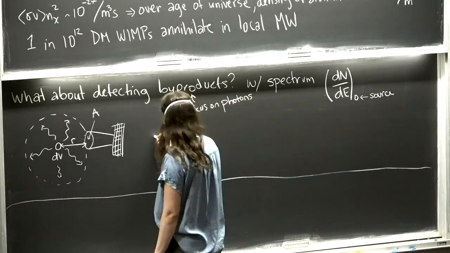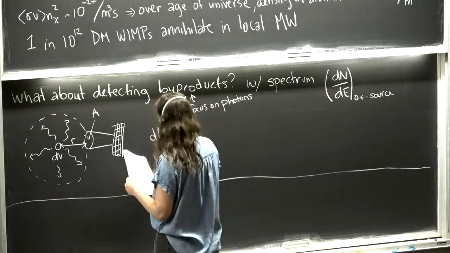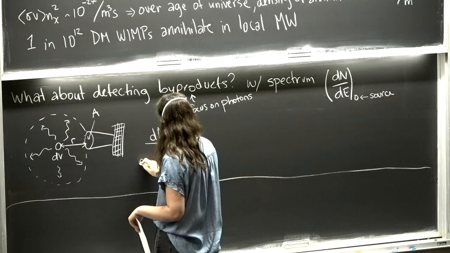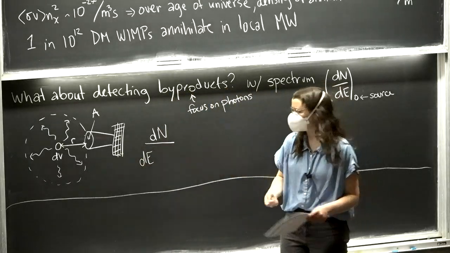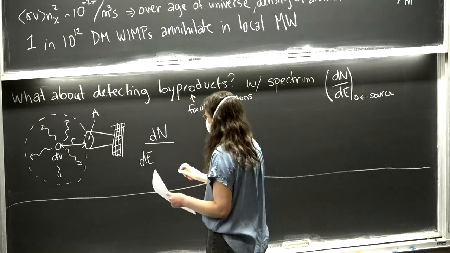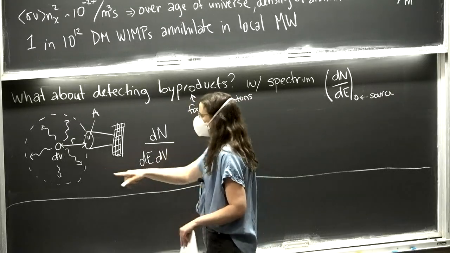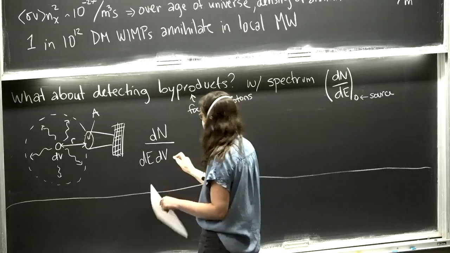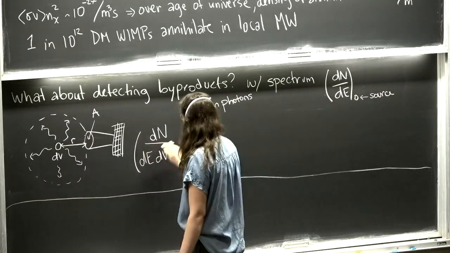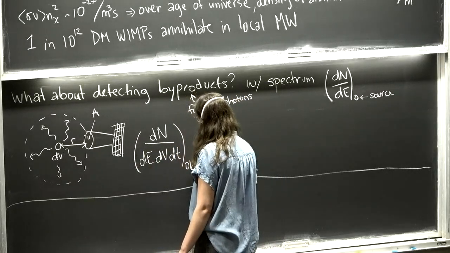So the number of photons that I can detect, per energy bin. Maybe my telescope has a lot of different energy bins to it. So in a given bin, per volume dV of dark matter that is annihilating per unit time. Okay, this is what I want to observe.